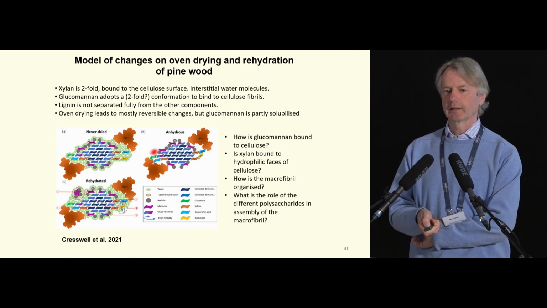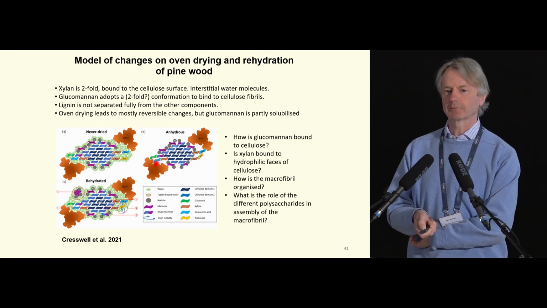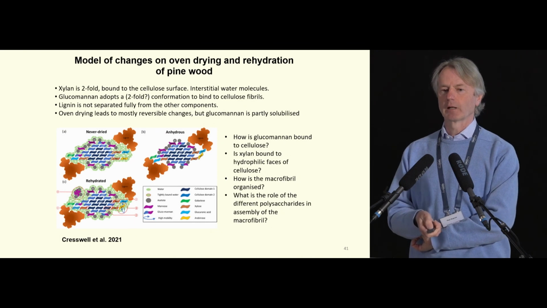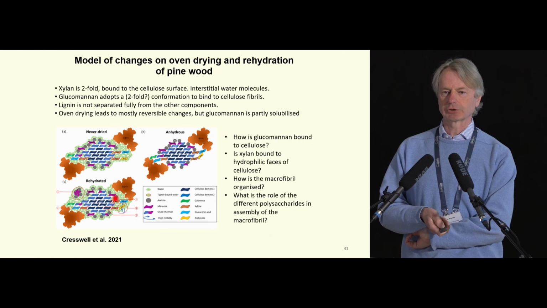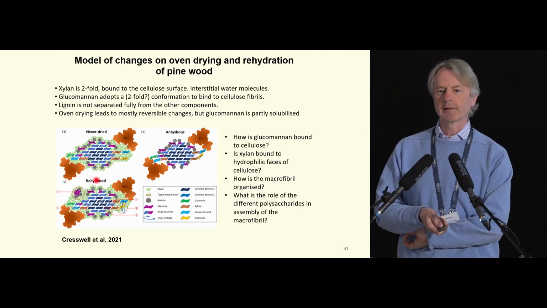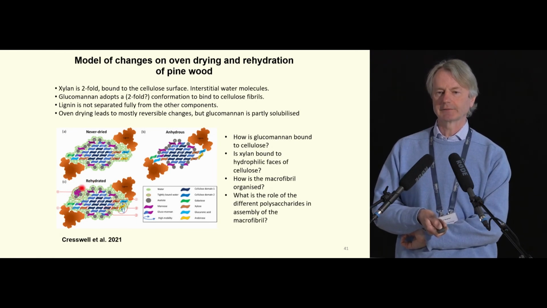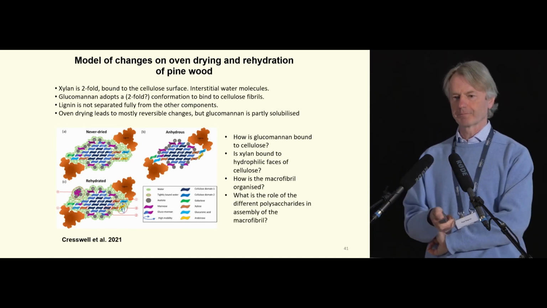When we dry completely, there's some change in conformations a little bit. Things become closer, the different components become closer together. And when we rehydrate, it goes back to the starting position mostly, but there is some mannan that is no longer associated with the cellulose and becomes soluble.